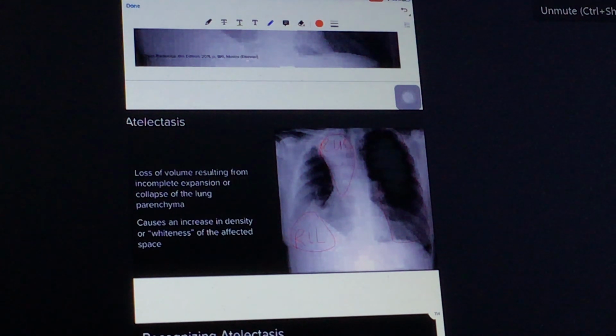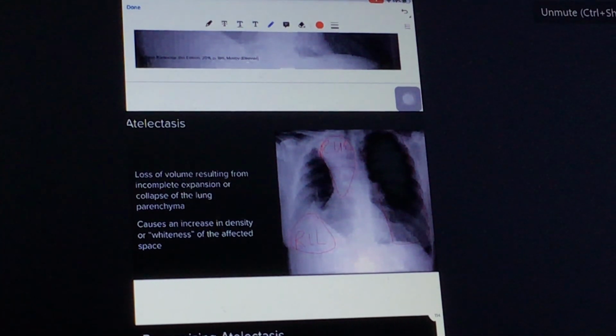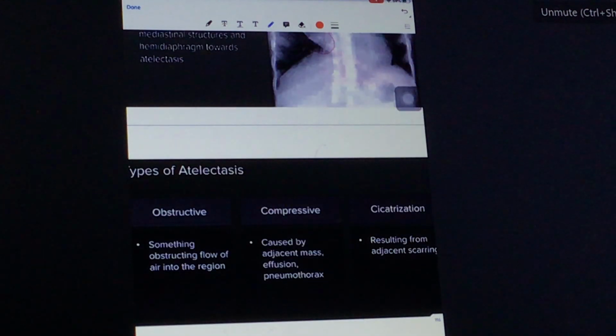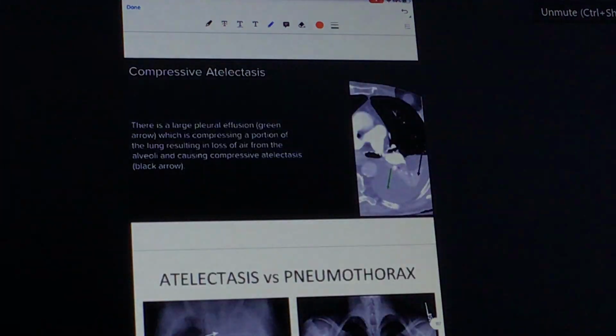On this side, it's the right middle lobe. The right middle lobe becomes more dense here. You just read the causes and types of atelectasis. And what will happen to the structures in atelectasis?